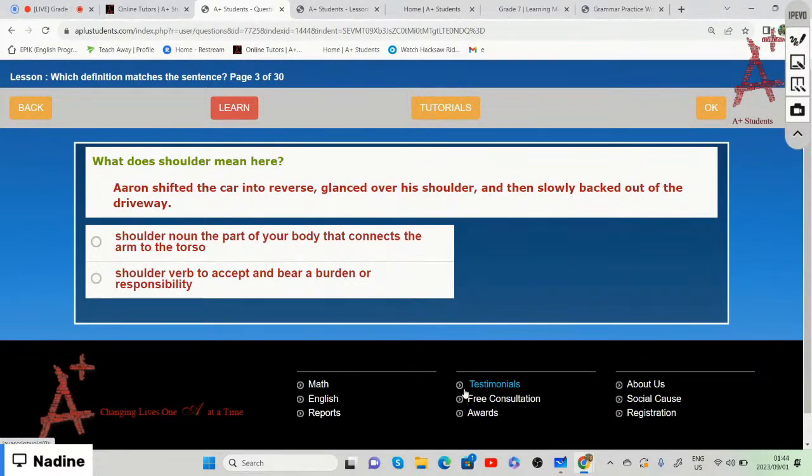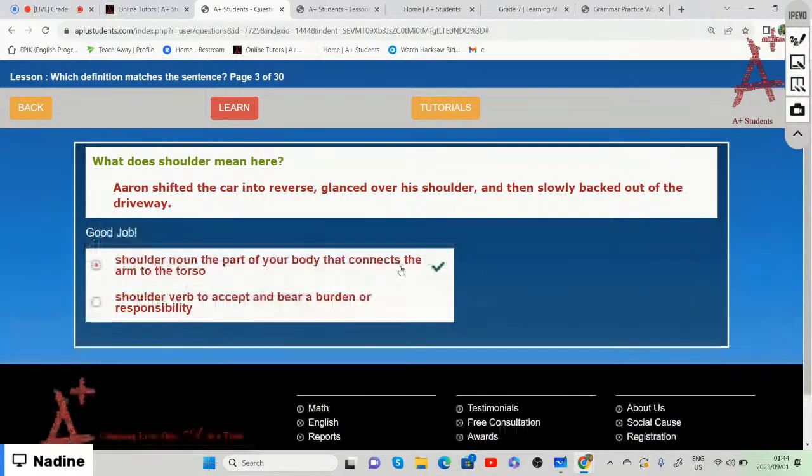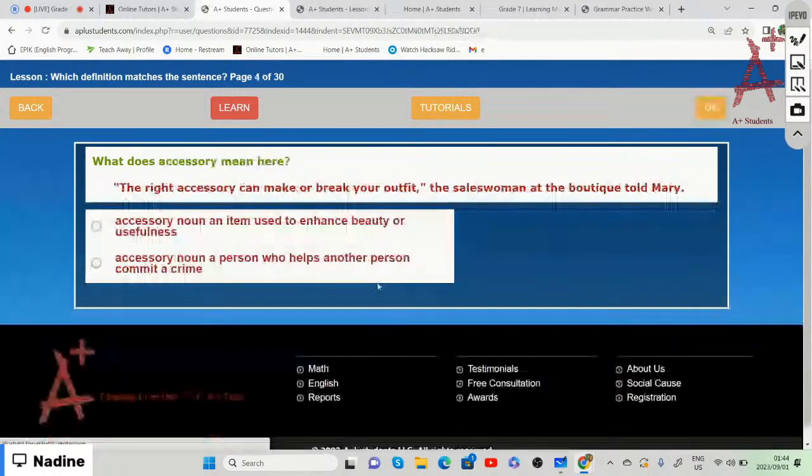And then we also have shoulder, the verb, to accept and bear a burden or responsibility.